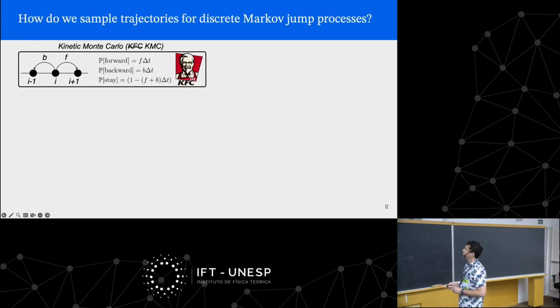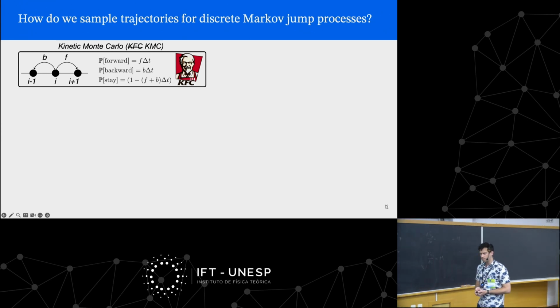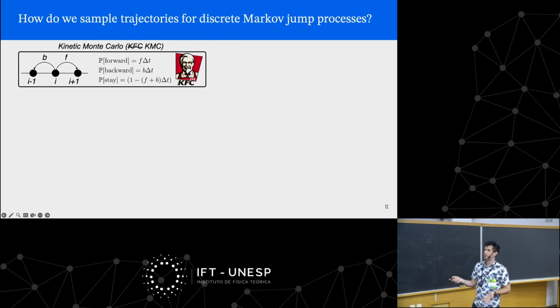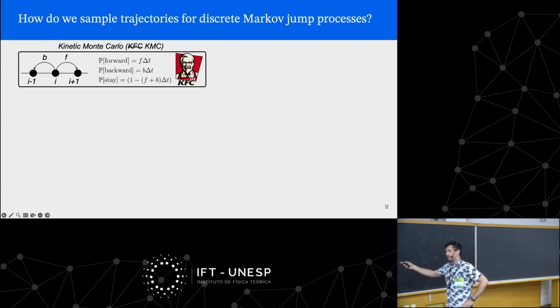And the last introduction, maybe, is how do we sample trajectories like this for these discrete jump processes? Well, you use kinetic Monte Carlo. In a simple diffusive context, I'm assuming a lot of you are familiar with it, you could just integrate numerically. For diffusion with a forward and a backward rate, for example, this would be the probability to go forward in a small interval of time delta t, and then the other probabilities, and you can just iterate like this.